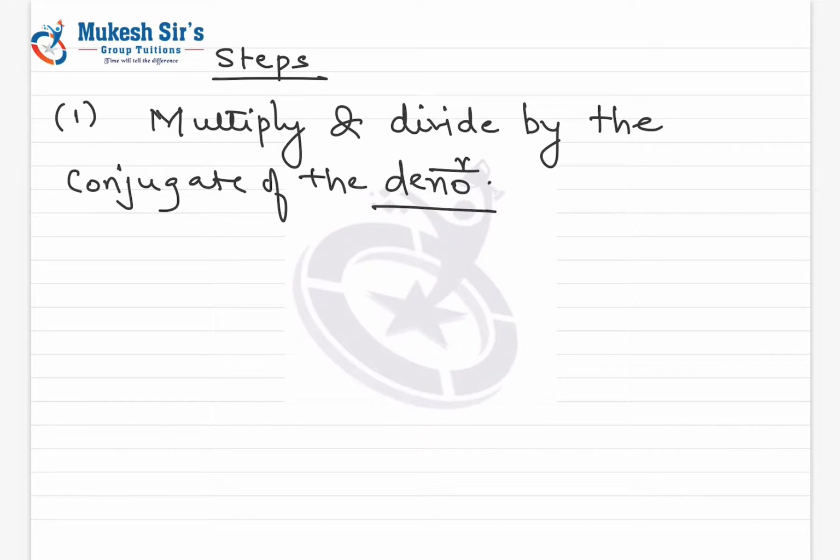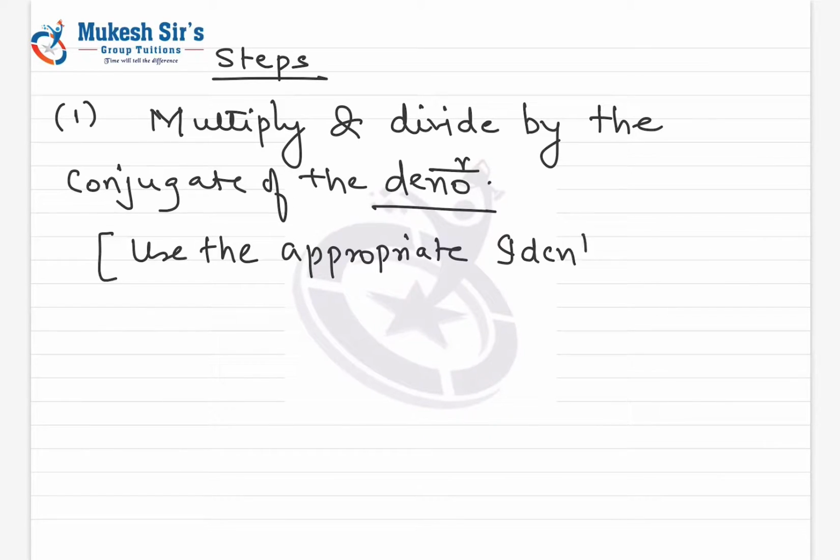Then if it is a trigonometric function, use the appropriate identity. And if there is a root, you have to eliminate that root from the denominator, the last one.